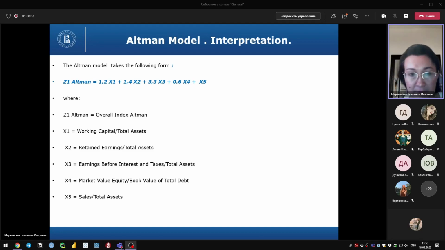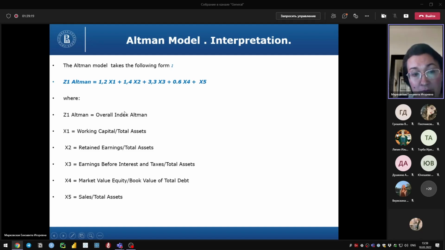For example, the Altman model is a well-known model, and Altman developed different types of models for listed companies, for unlisted companies. So the classic type of his model has the following form.